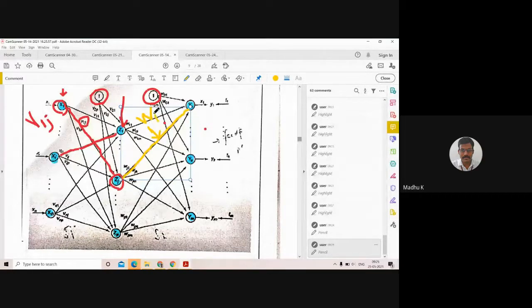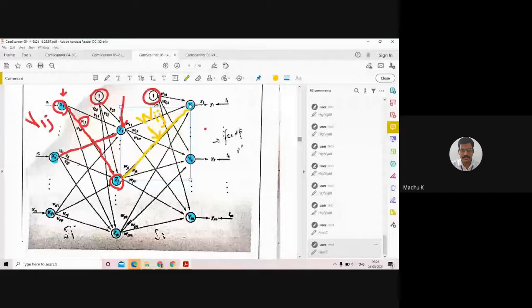What is the meaning of Wij? It is the weight between the ith neuron in the hidden layer and the output neuron j. That is Wij. Similarly, weight variables are attached in this way.